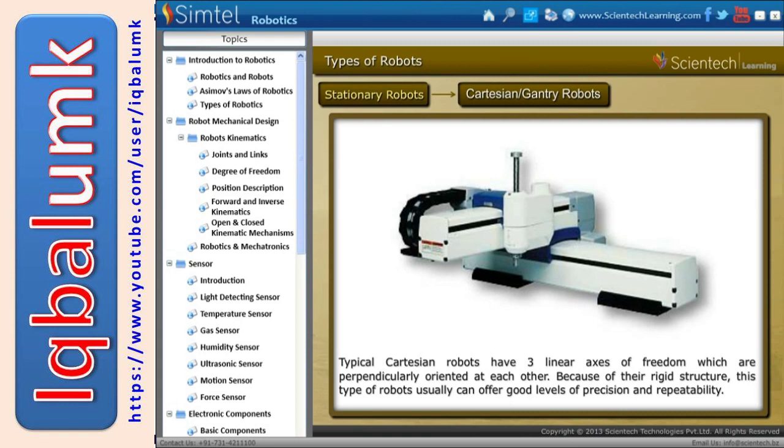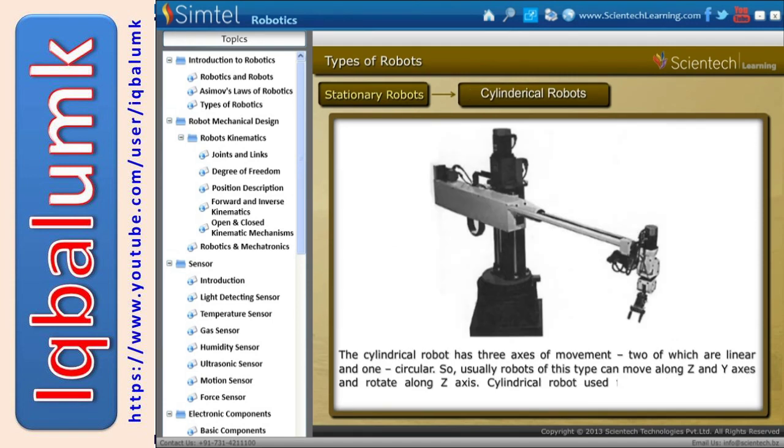Because of their rigid structure, this type of robots usually offer good levels of precision and repeatability. Next is cylindrical robots. The cylindrical robot has three axes of movement, two of which are linear and one is circular. So usually robots of this type can move along Z and Y axis and rotate along Z axis. Cylindrical robots are used for specific handling and assembly tasks, or spot welding.